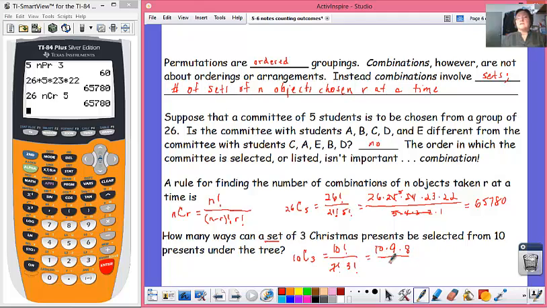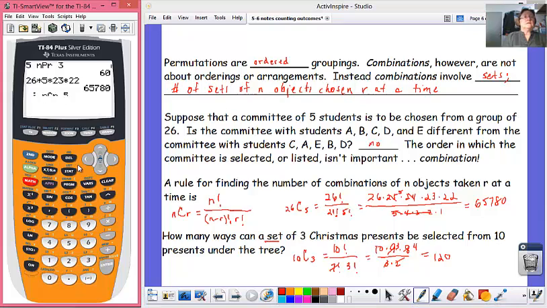Now we have to divide by 3 times 2, 3 factorial, so that's a 3, that's a 4, and we're talking 30 times 4, 120 different ways. 10 choose 3: 120. Batting 1,000.